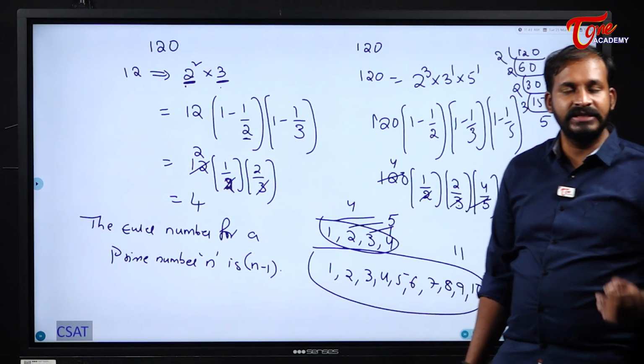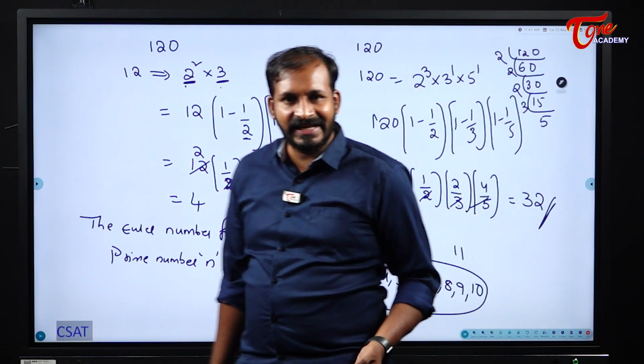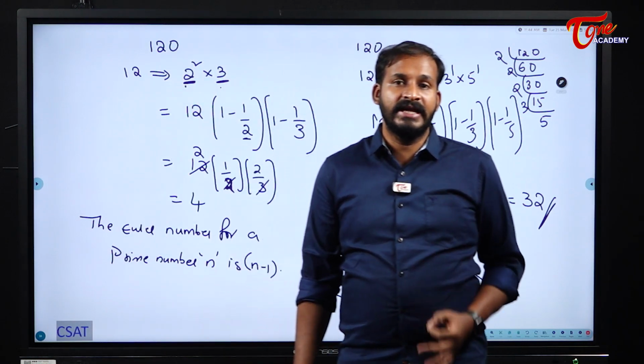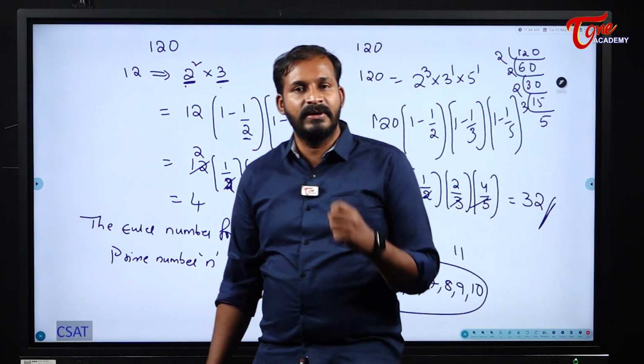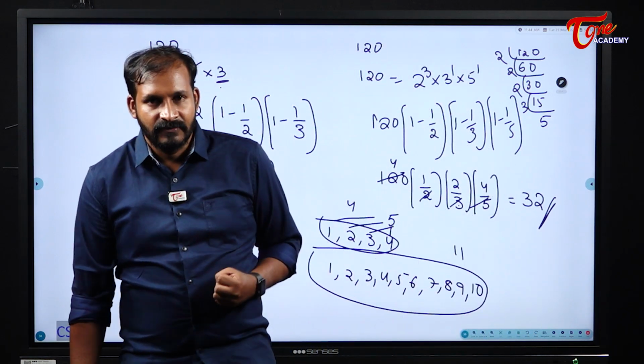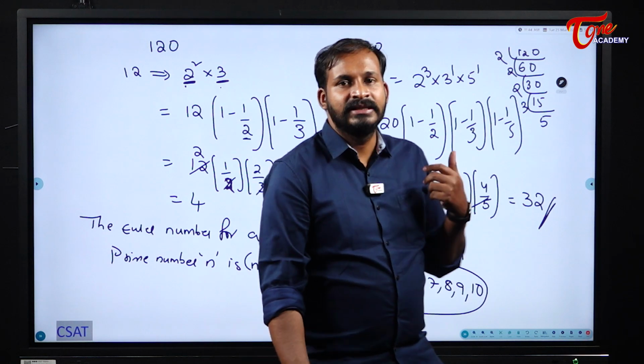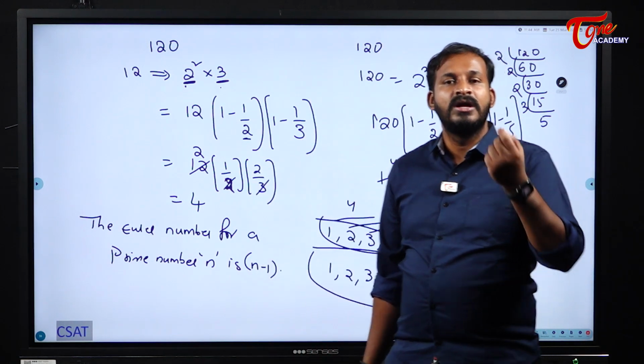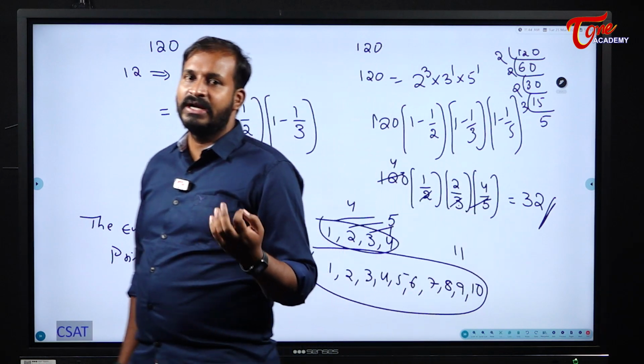N minus 1. That means what is the Euler number for 17? 16. What is the Euler number for 29? 28. What is the Euler number for 31? 30. What is the Euler number for 37? 36. Like this, the Euler numbers of prime numbers will become 1 less than that value.